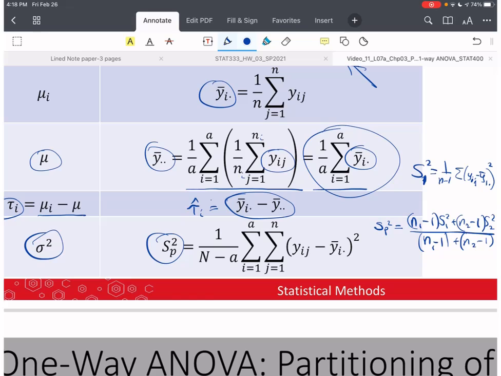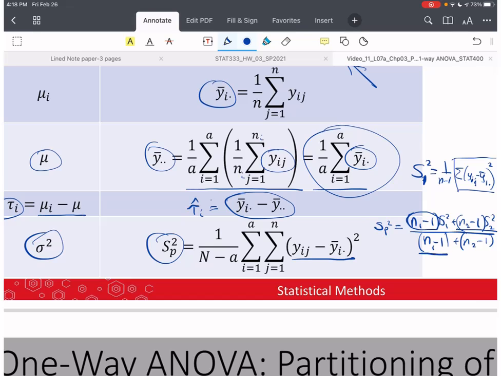So when we multiply by n1 minus 1, we're left with this summation here, okay? Which is what we see here. And the same thing for the second term: n2 minus 1 times S2 squared leaves us with the sum of squares there.